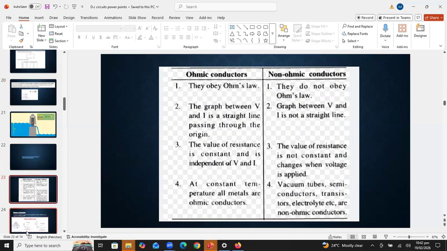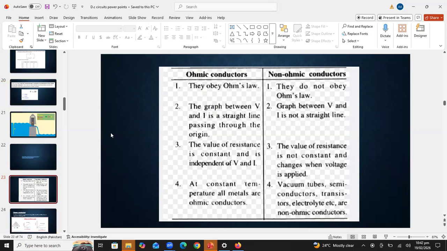Ohmic conductors are those conductors which obey Ohm's law. Ohm's law means whose resistance will not change. देखिए बेटा, Ohm's law की दो conditions है. Temperature should remain constant, resistance should remain constant. So those conductors whose temperature is not changing, whose resistance is not changing, they are obeying Ohm's law. Such conductors are called ohmic conductors.